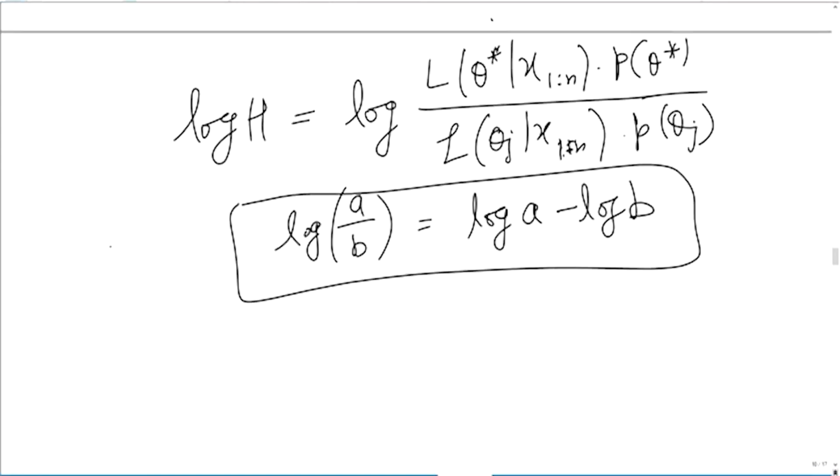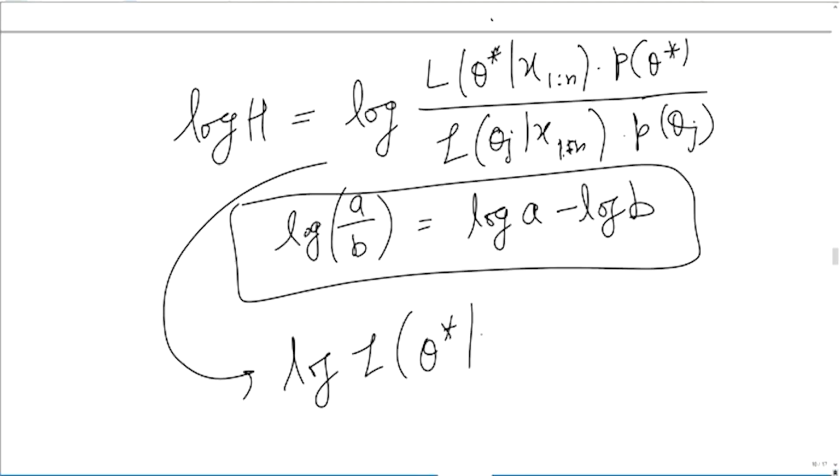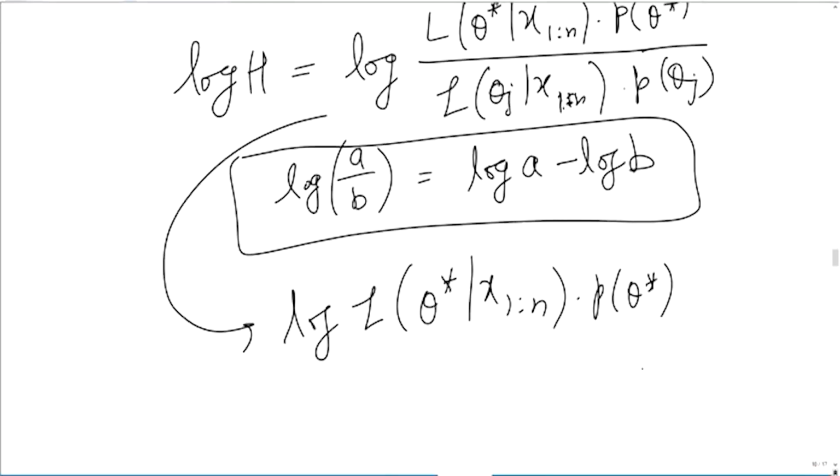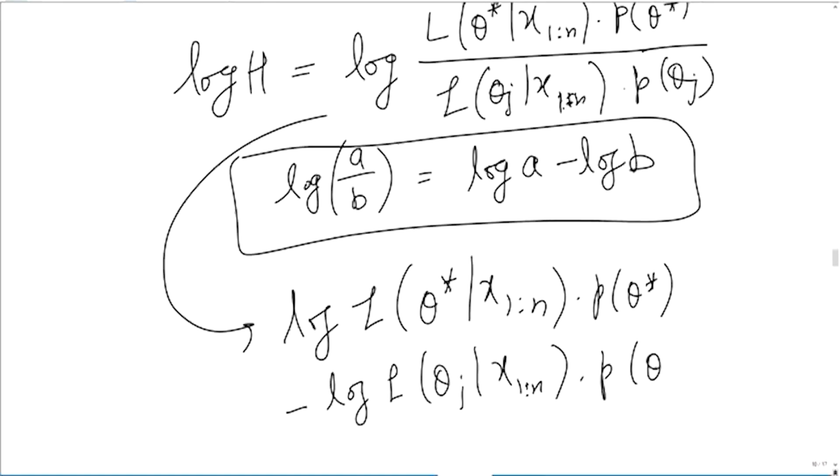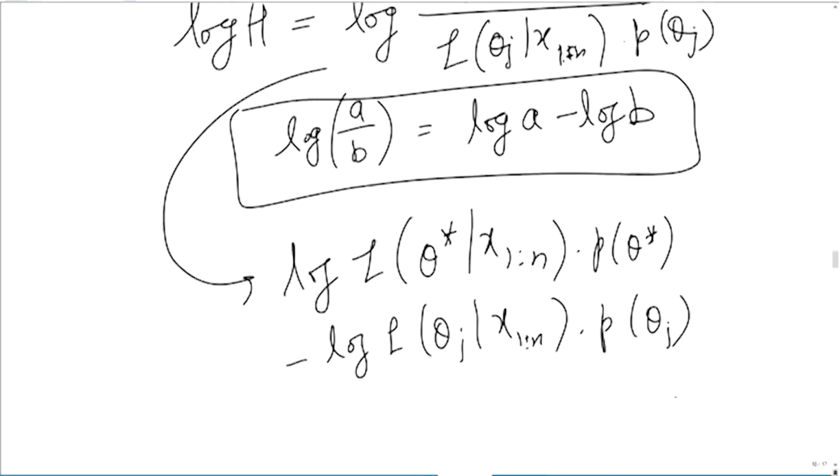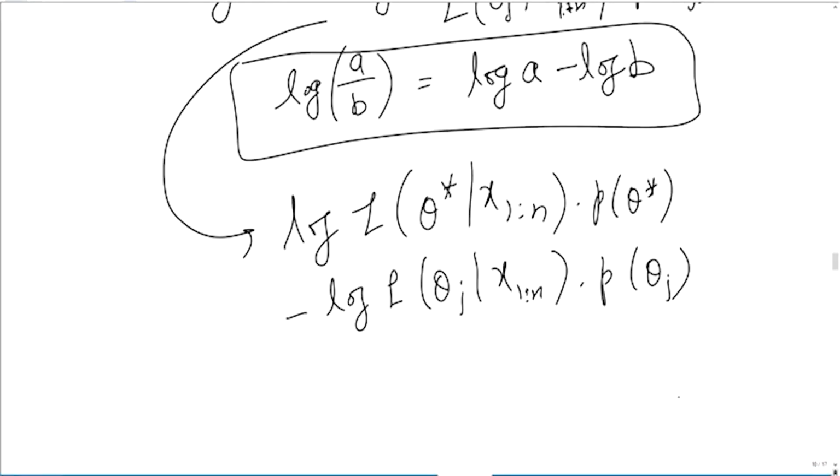So that means we can rewrite this statement as log of likelihood and prior of theta star minus log of likelihood and prior density of the current state of the chain. So you can write it like this. Now, log of a times b will be log a plus log b.